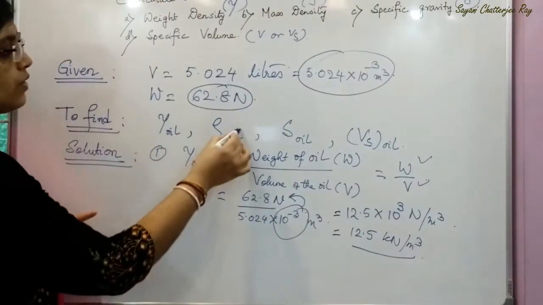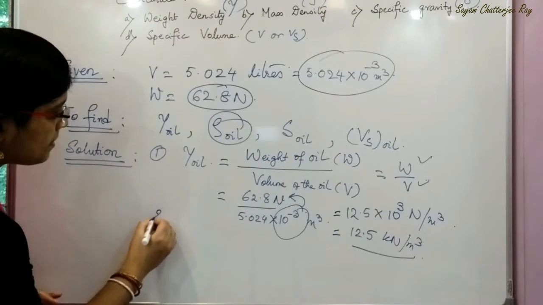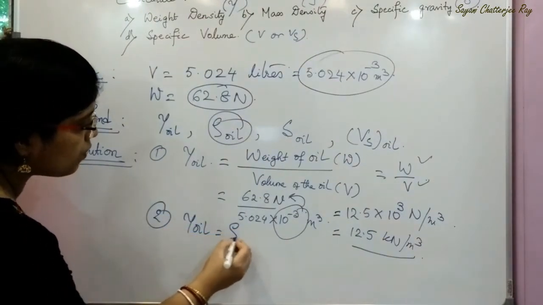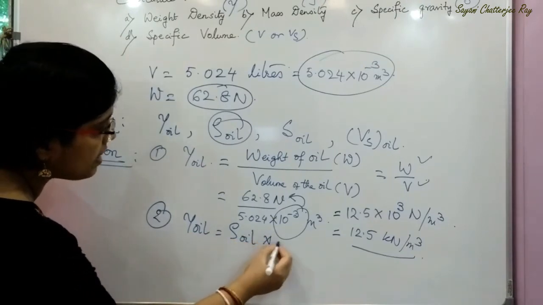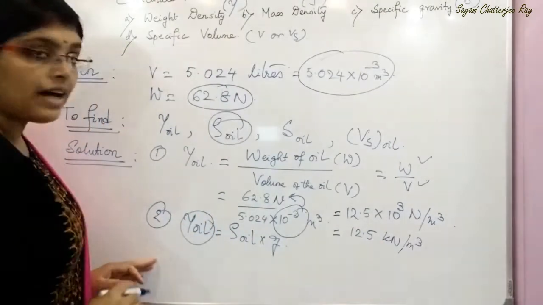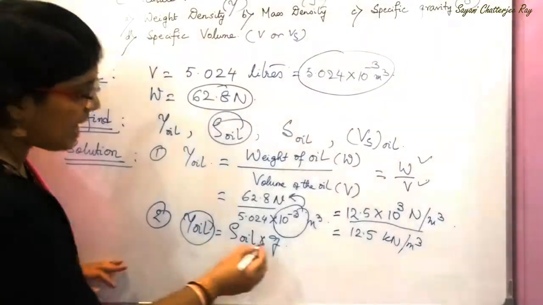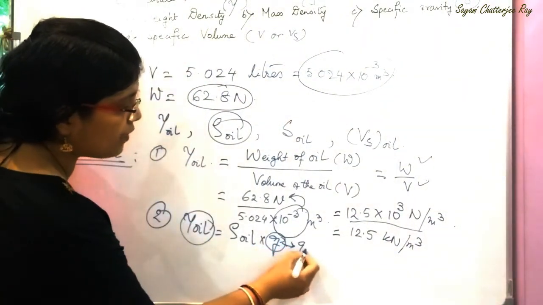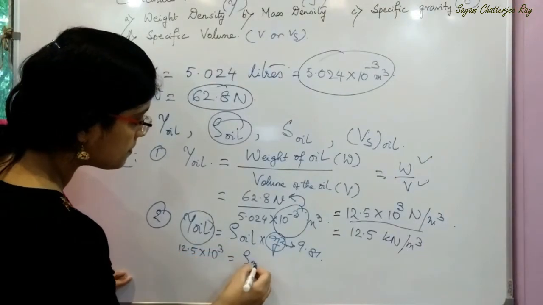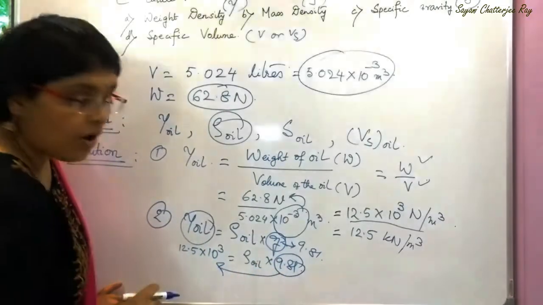Next, we have to find rho oil, that is the mass density of oil. We all know that gamma oil equals rho oil multiplied by the acceleration due to gravity. Now simply replace the value of gamma oil with 12.5 into 10 to the power 3 Newton per meter cube and g with 9.81. 9.81 will go in the denominator on the left hand side.